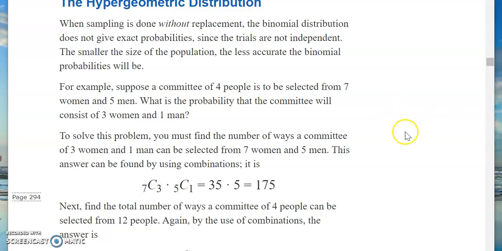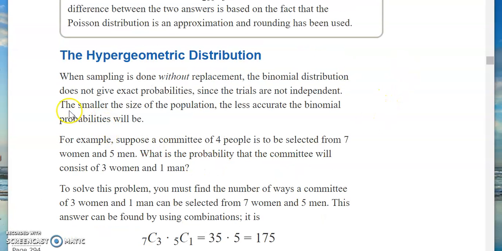I'm not correcting this tape because I want you to see that no matter how many times I teach this class, I still learn new things. It says the smaller the size of the population, the less accurate the binomial probabilities will be. When I saw that I read population, but my mind said sample, and so that's what was throwing me off.